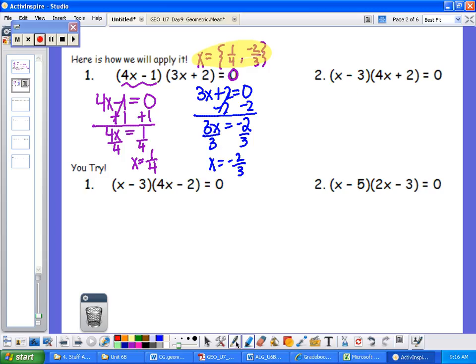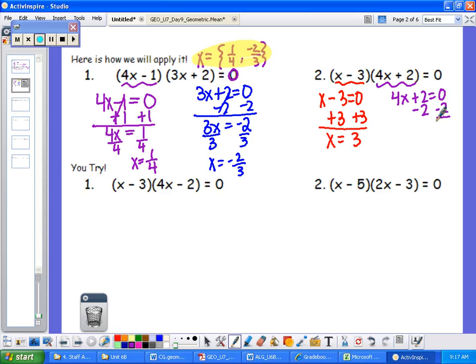Here's my first factor, 3x minus 3. I'm going to set that equal to 0. And I solve by adding 3 to both sides. X equals 3. And then I take my second factor right here. 4x plus 2 equals 0. And I solve that just like you learned since the beginning of the school year.